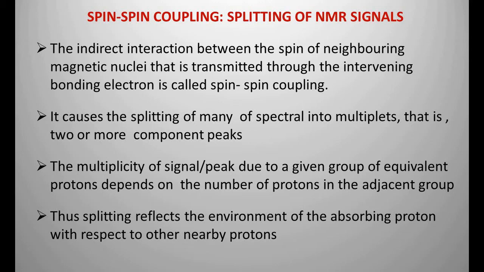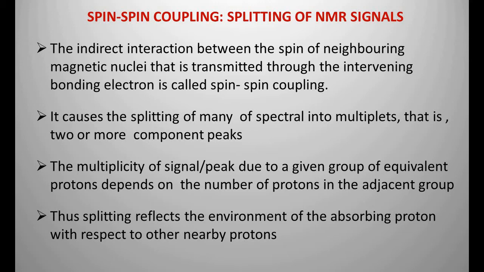So we have a standard signal in the NMR spectra on the extreme right of the delta scale, that of the TMS proton, and any other proton has an NMR signal separated from the TMS signal towards the left.